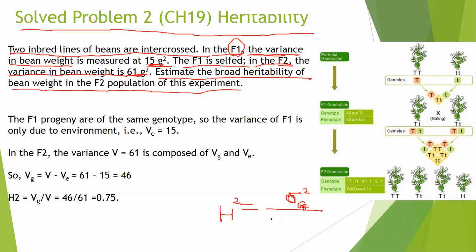And the denominator should be the total variance, the variance observed. And this can be written into this. The numerator is the same, but the denominator can be rewritten as the sum of these two.